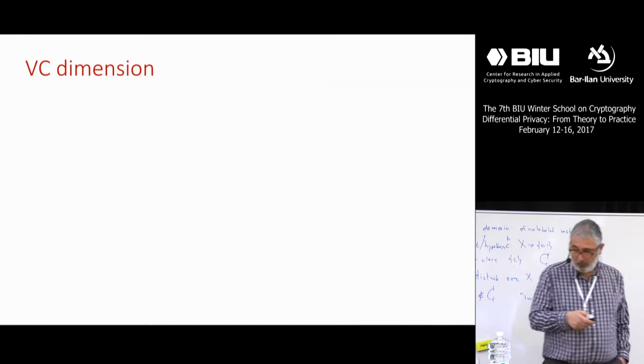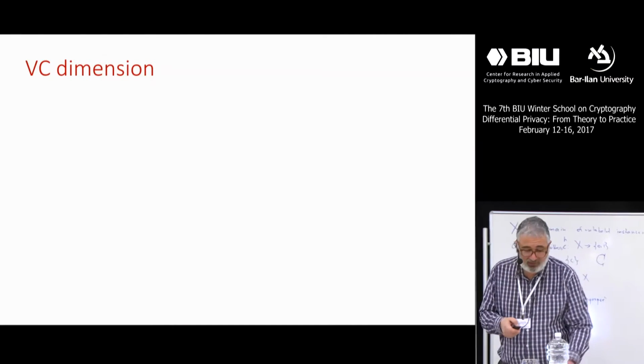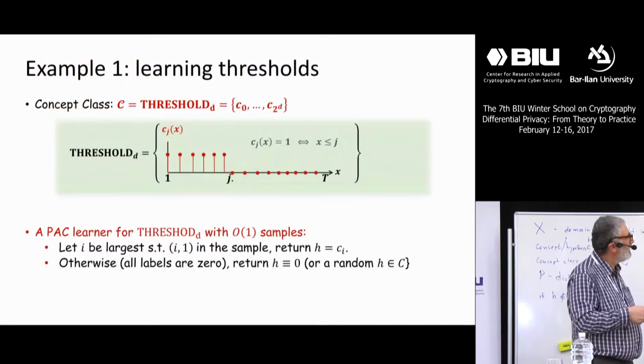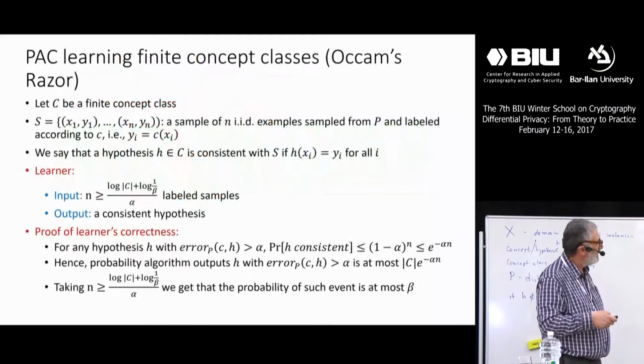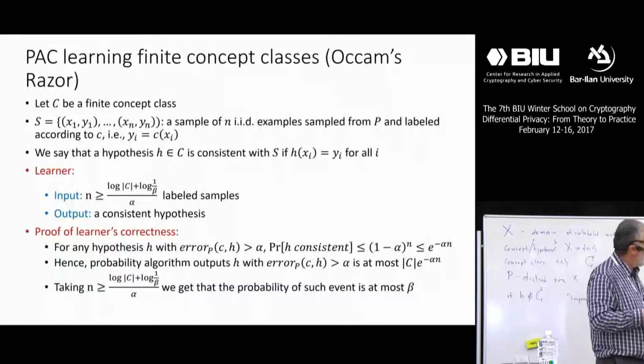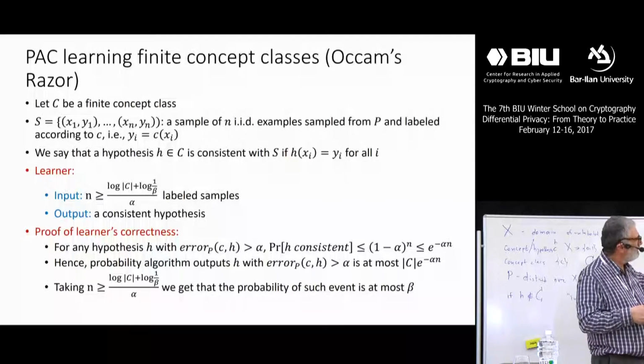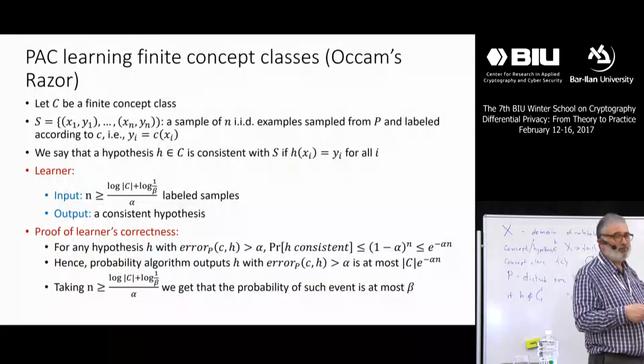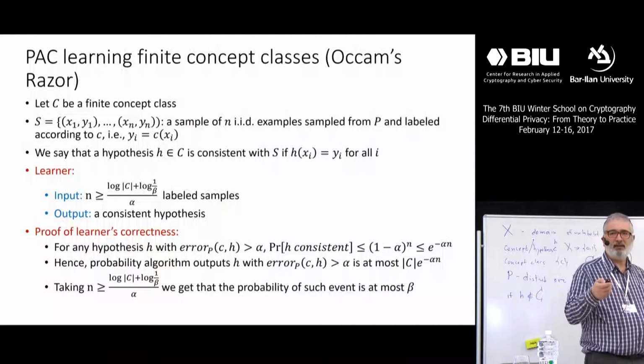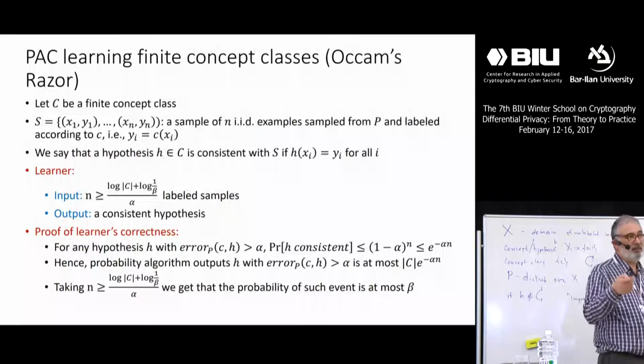Okay. Now, as you can see, we had this recipe here that works well as long as the concept class is finite, because otherwise you take the log and you get something too big.